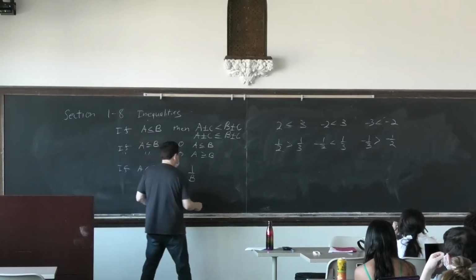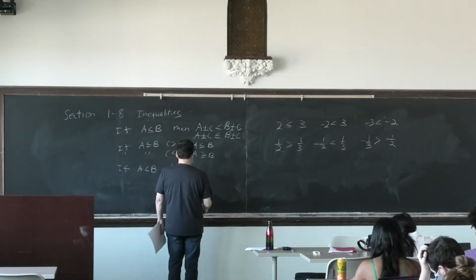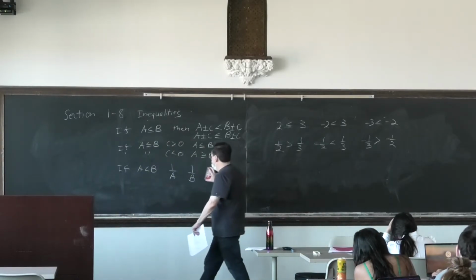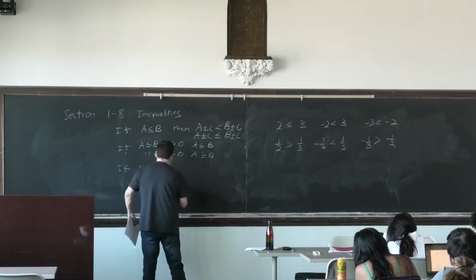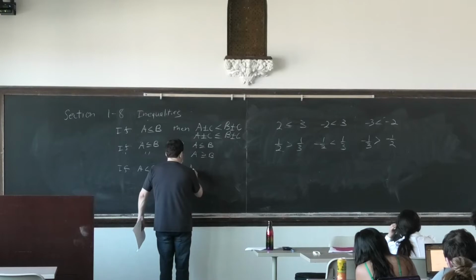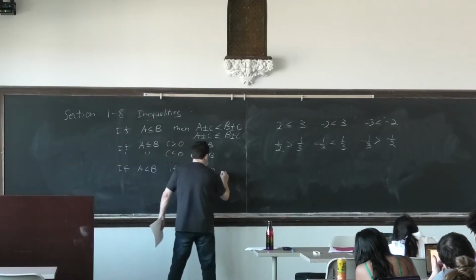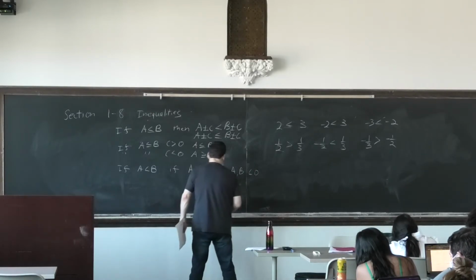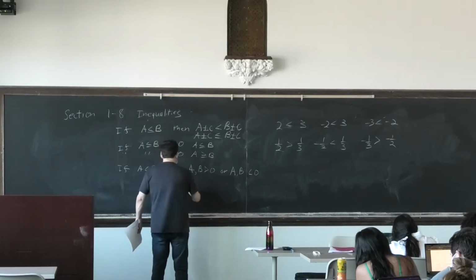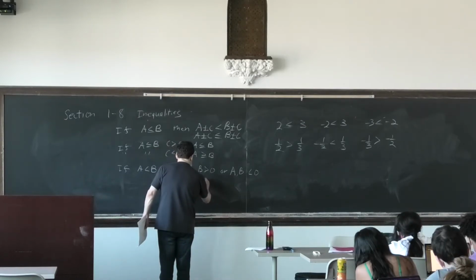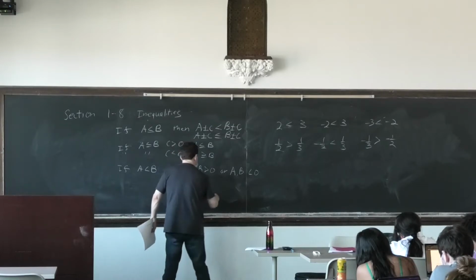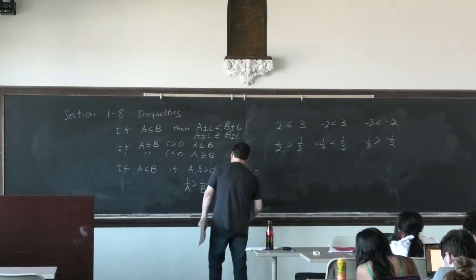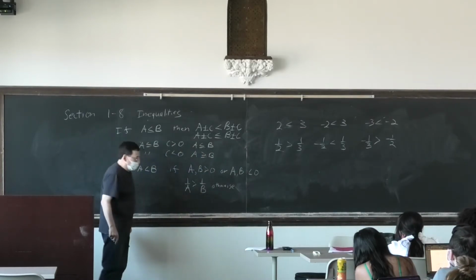So how do we write this? I'm going to have to put an if in here. If A and B are greater than 0, or A and B are less than 0, 1 over A is now greater than 1 over B. Otherwise, it could be a bunch of things.